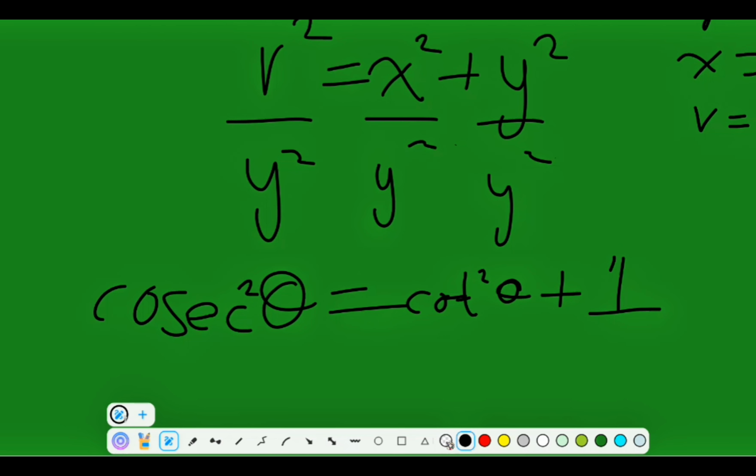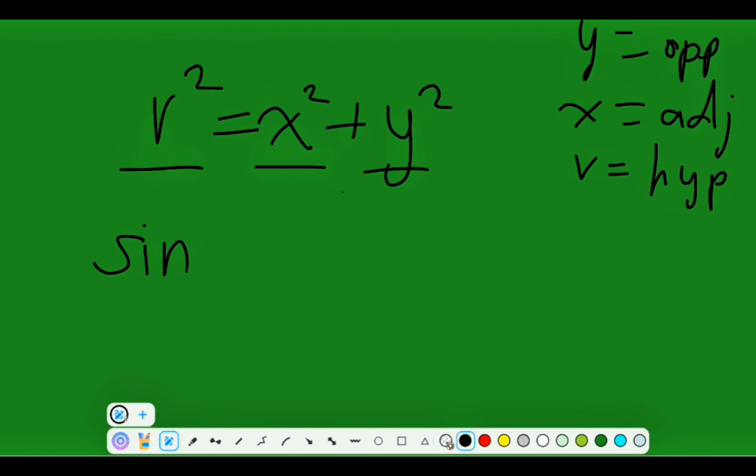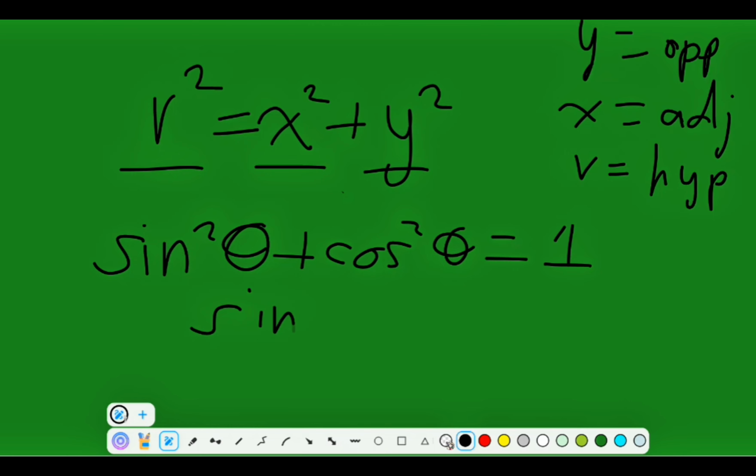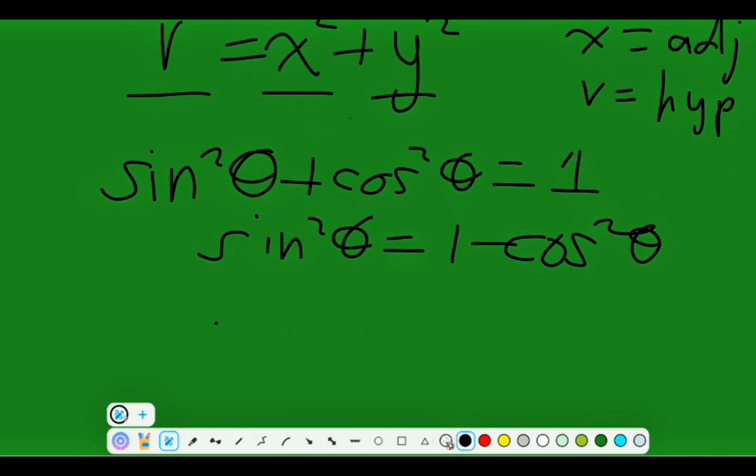That's another identity. Now from the identity sin squared theta plus cos squared theta is equal to 1, we're able to identify that sin squared theta is equal to 1 minus cos squared theta, right? Sometimes they can just give you something like -1 plus cos squared theta.